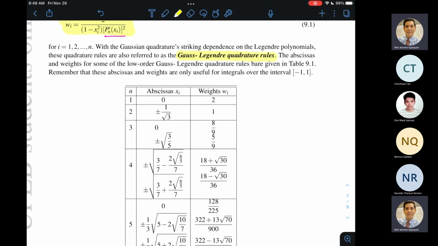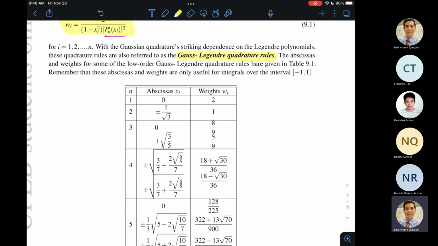So usually I think ito yung mas sikat na tawag, hindi lang Gaussian quadrature rules. So they call it the Gauss Legendre quadrature rules to remind us that the roots of the Legendre polynomials are actually the abscissas used in these quadrature rules.